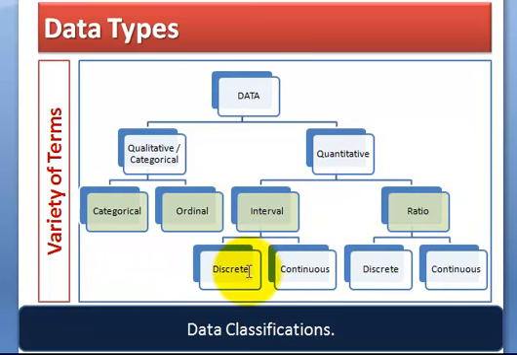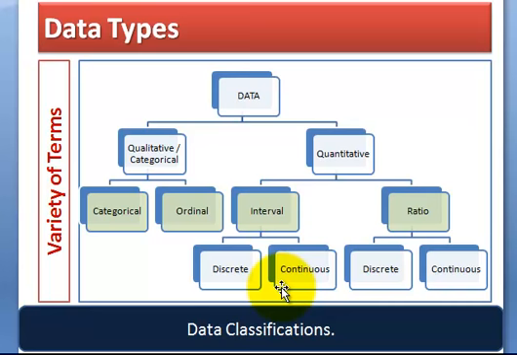And then further down, these quantitative measures can be split by whether they're discrete numbers, because remember, these are all our numeric data. These are all our qualitative or categorical data. Our numeric data can be split between discrete and continuous.